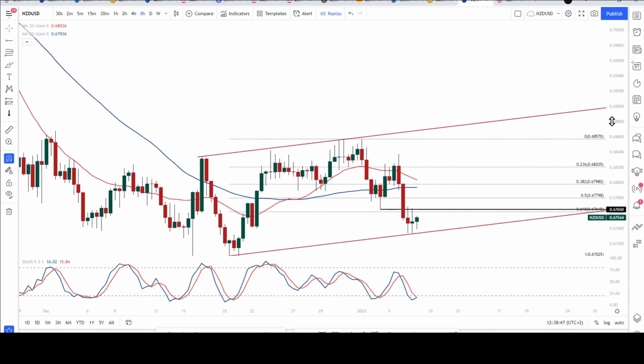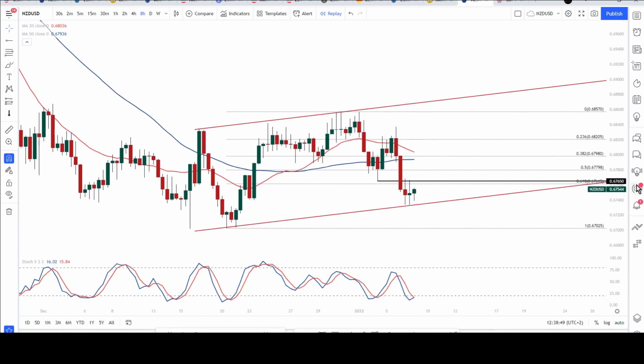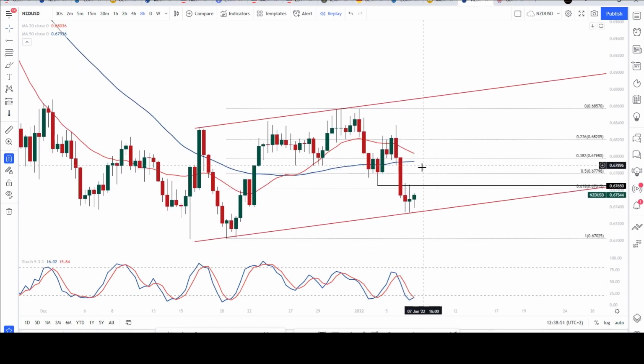So I've reconstructed the same kind of setting here using the replay tool, and the market came down to this channel low, started to react from there, but kind of couldn't get through this resistance straight away. Anyway, we had the stochastics oversold.